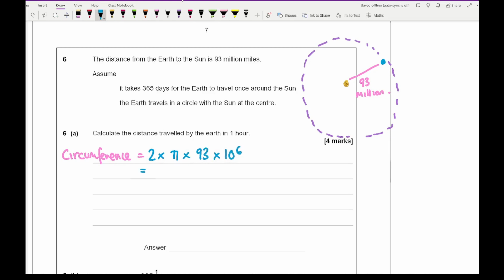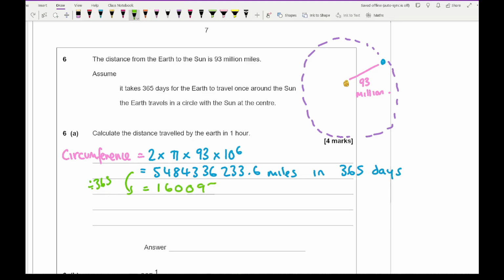Now if I type that all into my calculator, I get an answer of 584336 miles, and that's in 365 days. So now if I divide that number by 365, then I get 1600921.188 miles in 1 day.